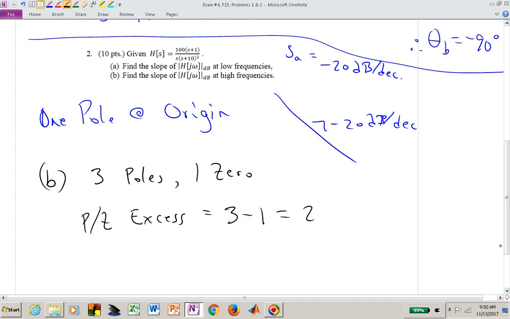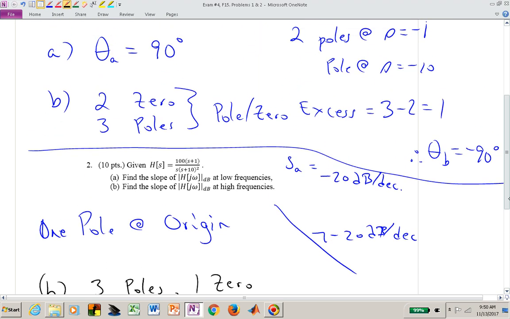So effectively, at high frequencies, this transfer function looks like 2 poles. If we have 2 real poles, they're each sloping at minus 20 dB per decade. So the slope for part B at high frequencies is now 2 times minus 20, or minus 40 dB per decade. And that's the answers then to problems 1 and 2 on exam number 4.